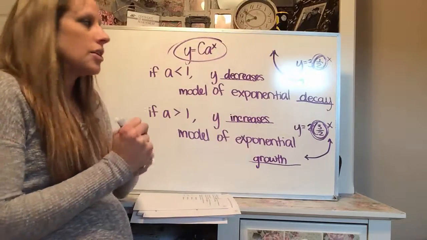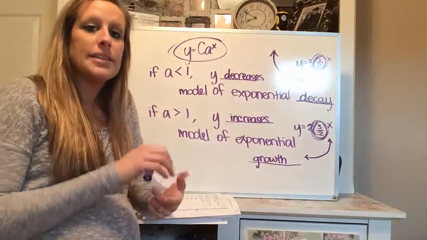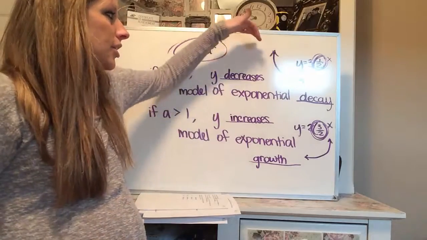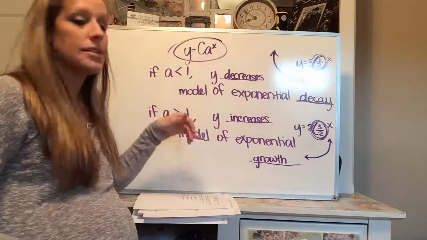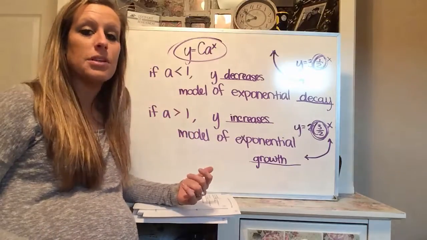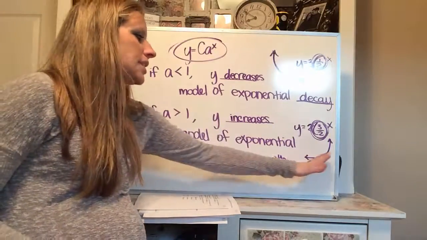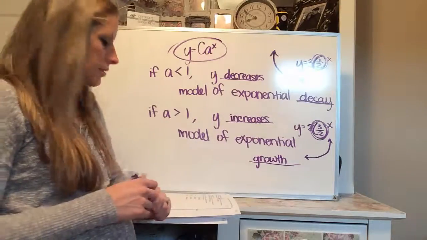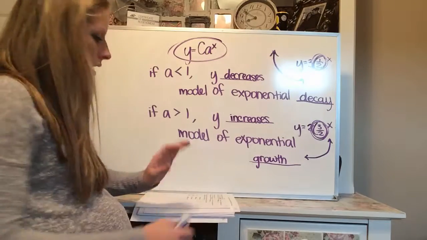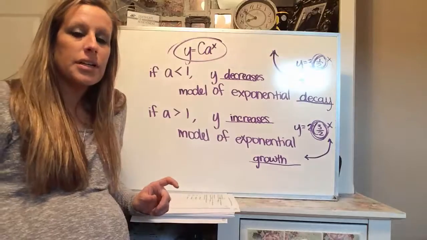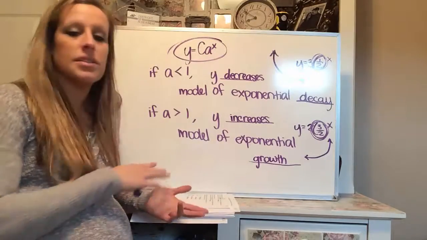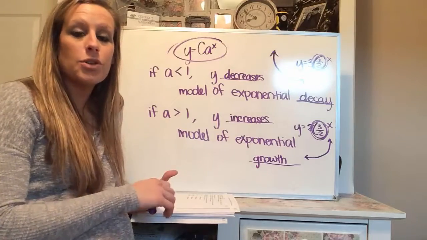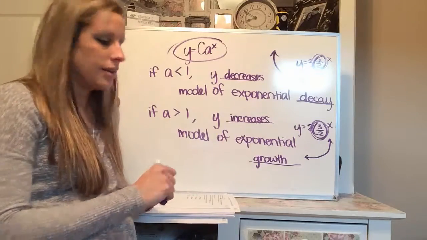So if my base is less than 1, it's exponential decay, and that curve is going to be going down. If my base is greater than 1, it's exponential growth, and my curve is going to be going up. It's going to increase. On the next section, we're going to classify whether these equations are exponential growth or exponential decay.